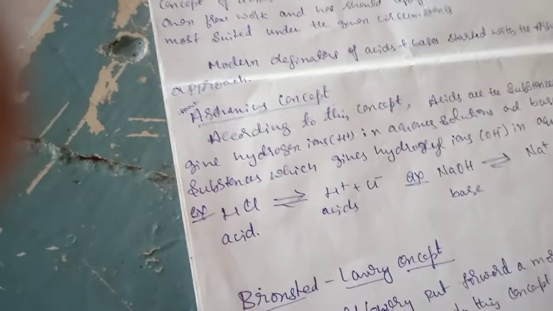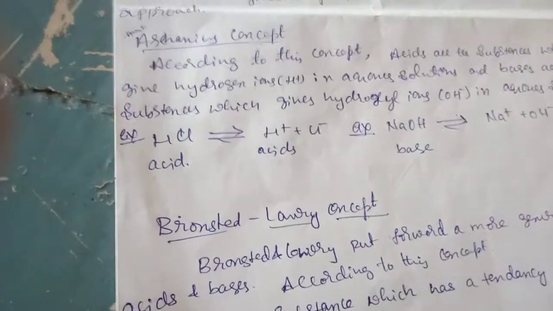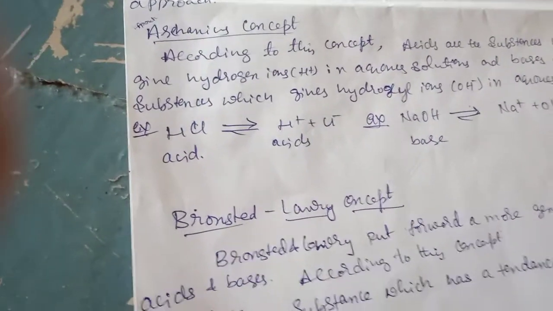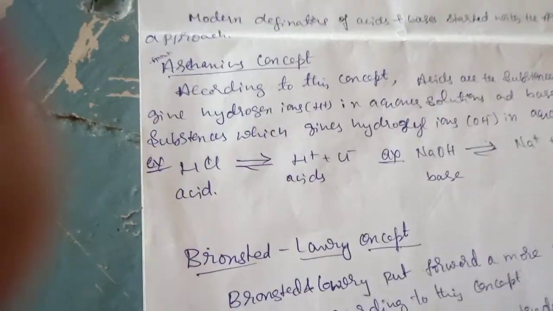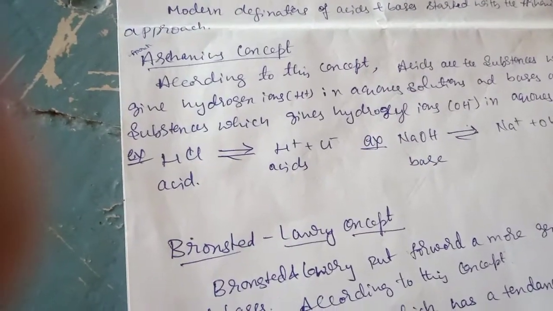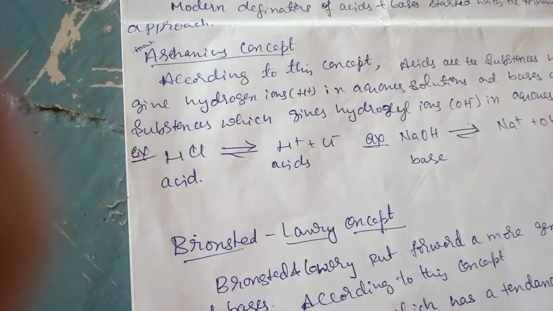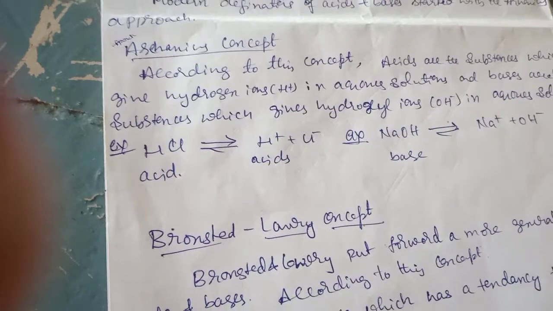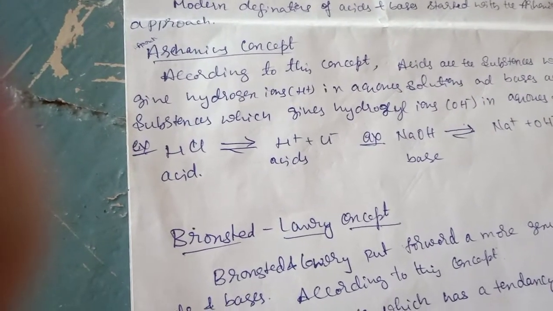In the same way, some scientists, according to the litmus paper color change, identified that acids turn blue litmus to red and bases turn red litmus to blue. Several definitions of acids and bases have been proposed from time to time.